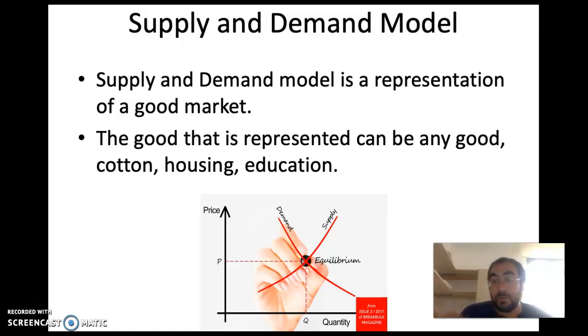The opposite one, a bad, also exists in the economic system. In that case, people pay money to get rid of their bads, for example trash. They pay money to dispose of their trash. And there are sometimes also markets for bads.